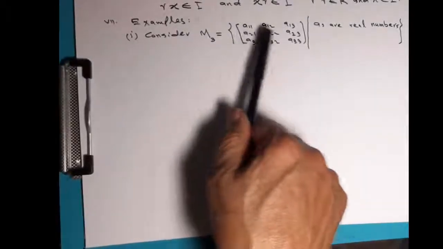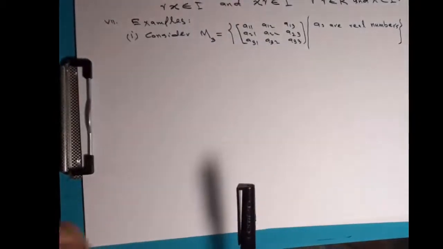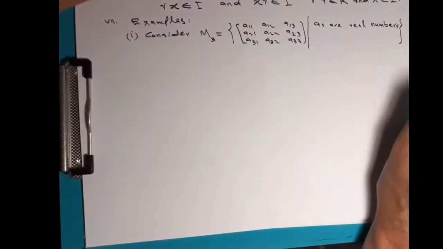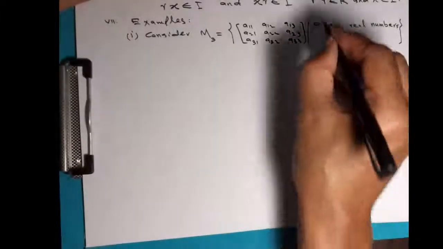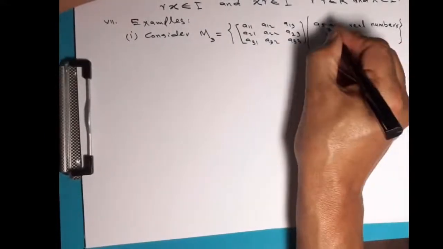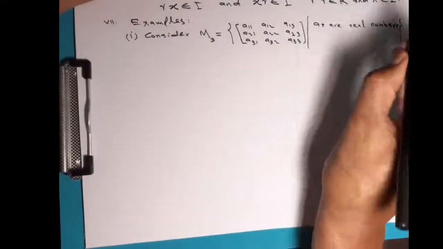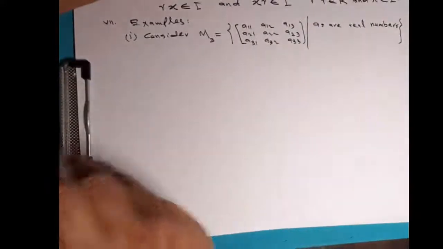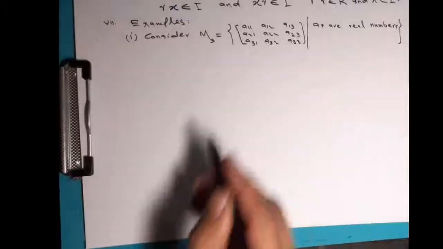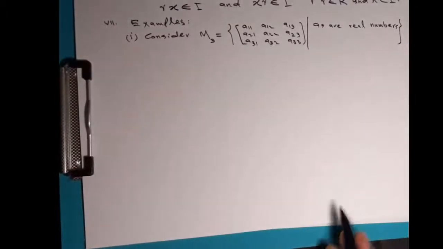All these entries are real. So consider square matrices of order 3 by 3 with entries from the field of real numbers. So these a's are real numbers.